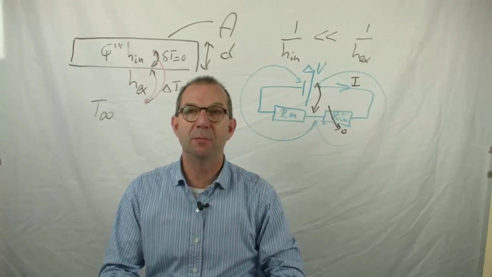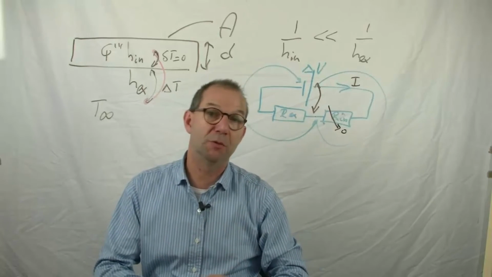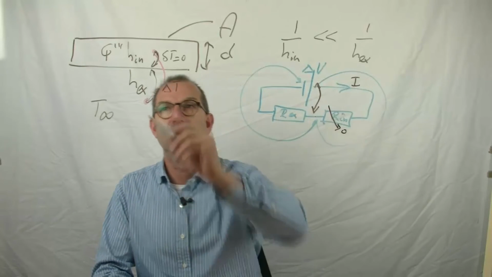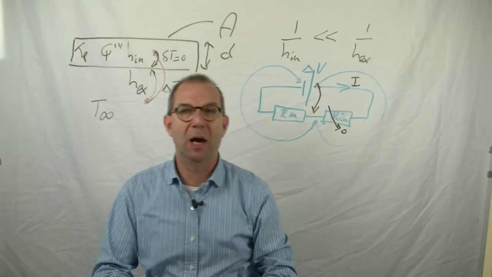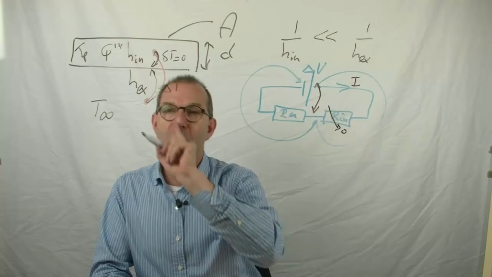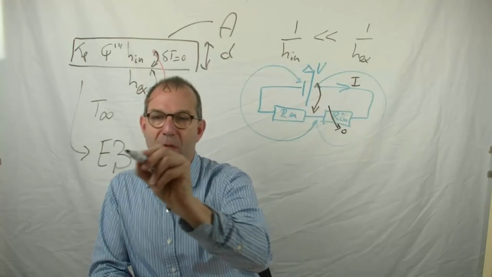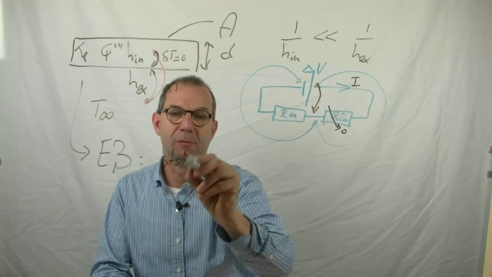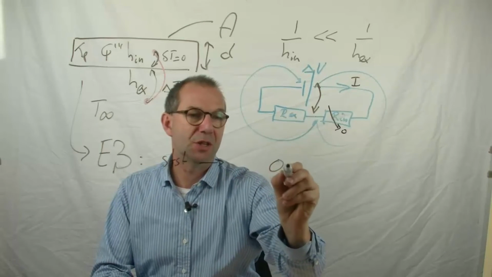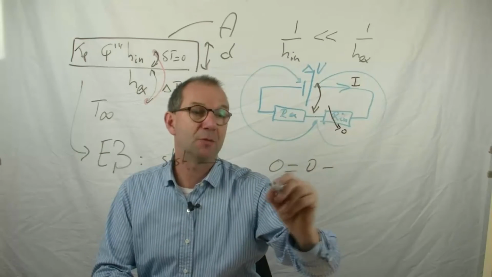That is very handy, because if I need to compute now the temperature of this plate, or even the average temperature of the plate, I can call this temperature Tp, and it is uniform everywhere. And if I need to compute it, I set up an energy or a heat balance over the entire plate. And in steady state, that reads as 0 equals what is flowing in, nothing, minus what is flowing out.